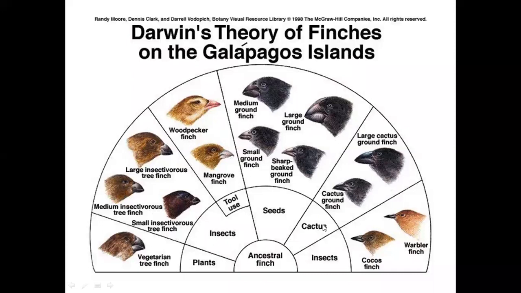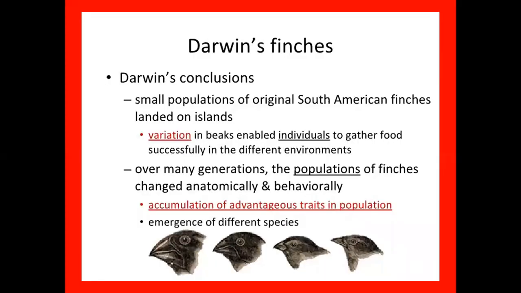See the shape of each finch. Insect eating, cactus eating, seed eating. So these are the different types of finches which have been found on the different islands, Galapagos Islands. So this was studied by Darwin. See the shape.